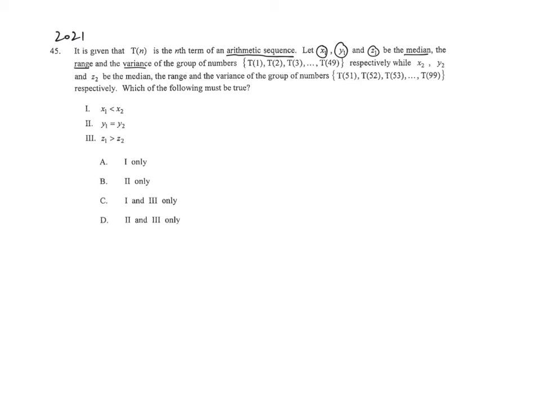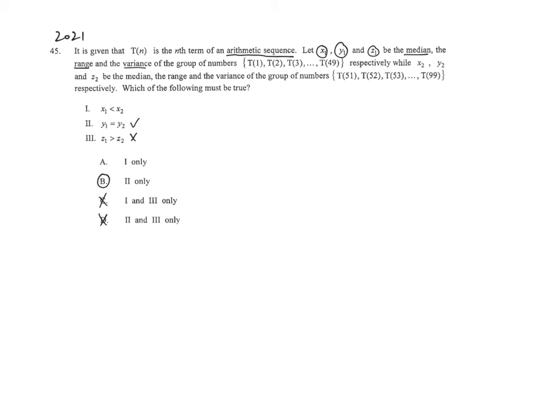So y1 should be the same as y2, and z1 should also be the same as z2. So in this case, option 2 is correct, option 3 is wrong. So actually, with these two options, the only option available for this paper is only and only B.